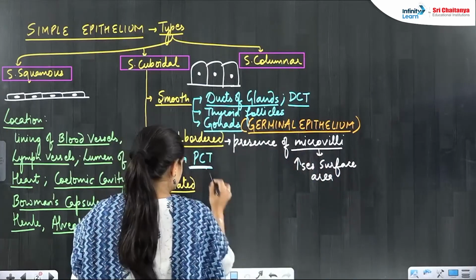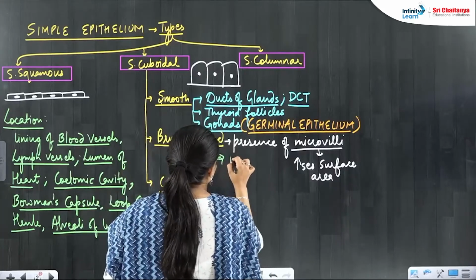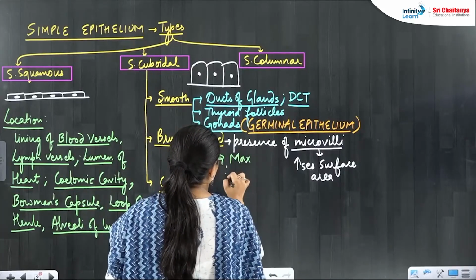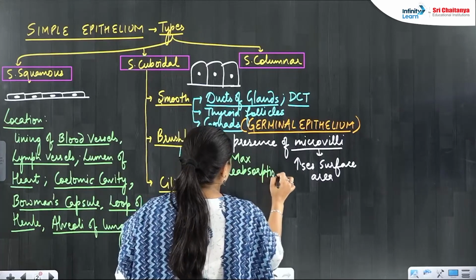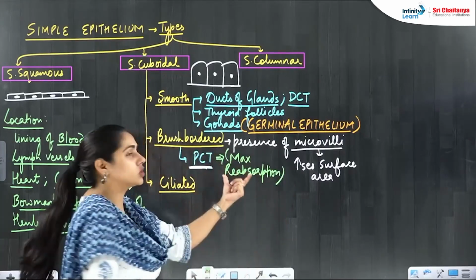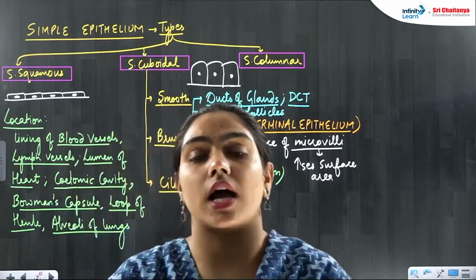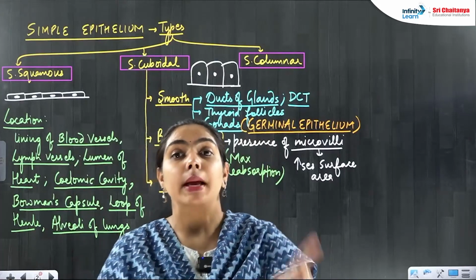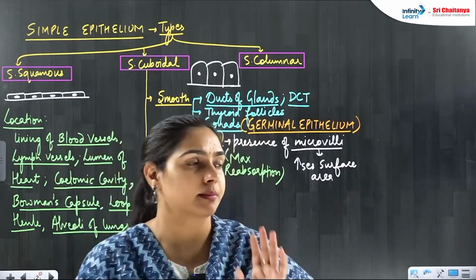That is why in the PCT maximum reabsorption takes place. Very important question. They will ask you, maximum reabsorption occurs in which part of the nephron? PCT. Always the answer will be PCT.